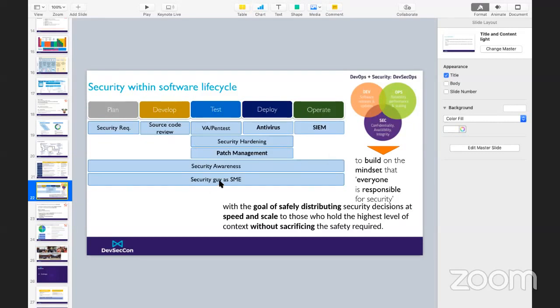And the security guys as an SME are also on standby from the beginning until the product is released. When you do the deploy, you should put in some security hardening. You do the patch management, also you put in antivirus here. In the operate phase, you put in SIEM, event monitoring.